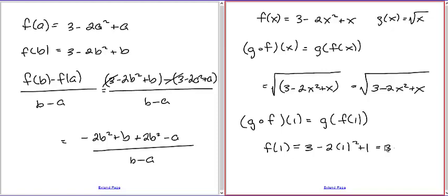So that's 3 minus 2 plus 1, which is 2. 3 plus 1 is 4, minus 2 is 2. So that's f of 1, and then we do g of 2. So we use the result here to go into there. So then we end up with the square root of 2, which is your answer.